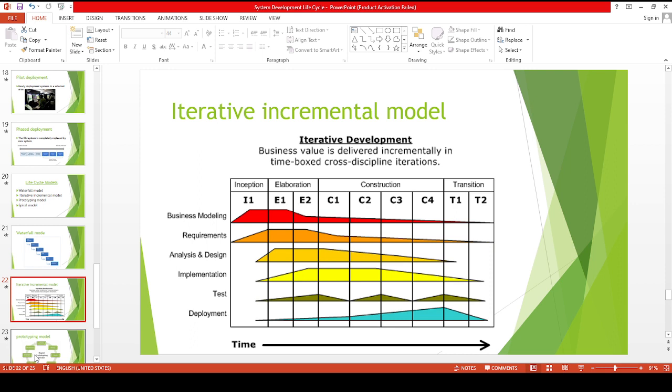Now you can see the example: business modeling, requirements, analysis and design, implementation, test, deployment.